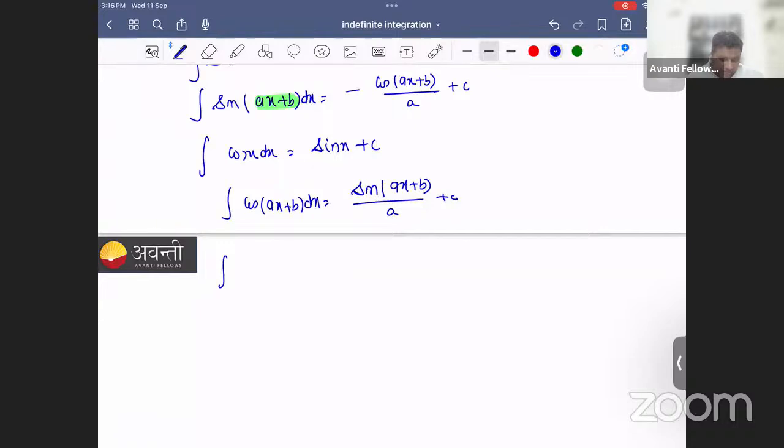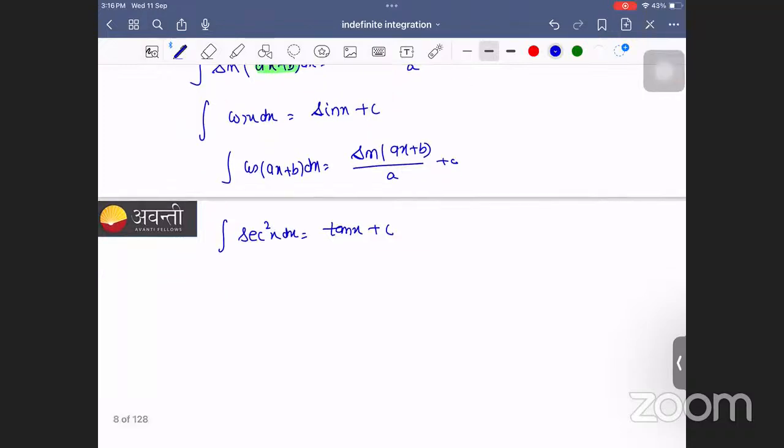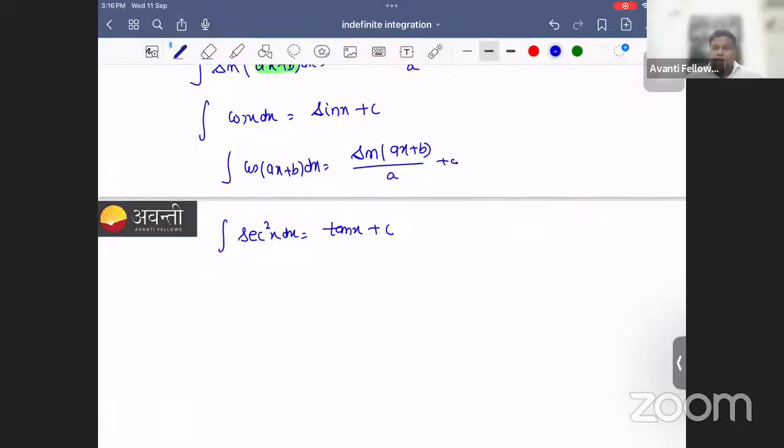Then integration of secant square x dx is tan x, because the derivative of tan x is sec square x. So integration of sec square x will be tan x. Got it? Integration of cosec square x dx is minus of cot x plus constant.